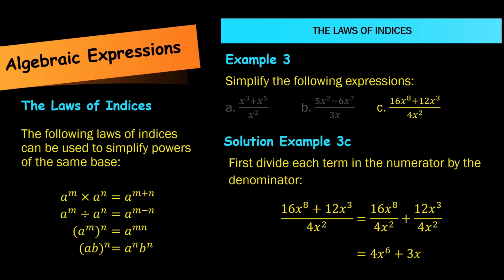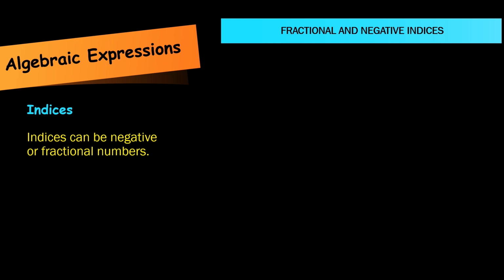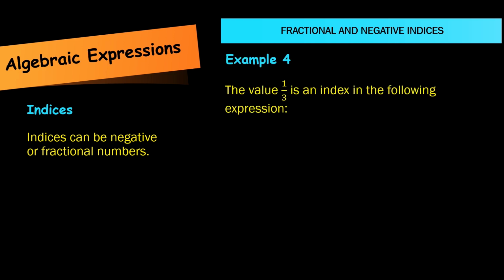Indices can be negative or fractional numbers. So for example, the value 1/3 is an index in the following expression. This simplifies to x to the power 1/3 plus 1/3 plus 1/3. And of course this equals x to the power 1, which equals x.